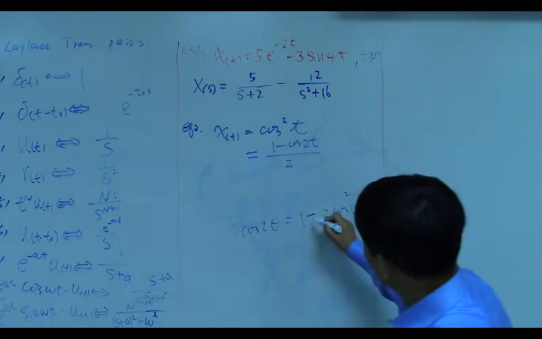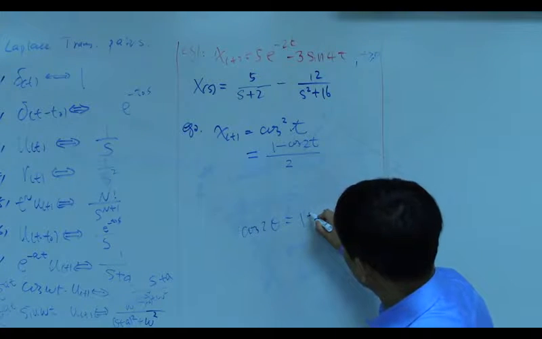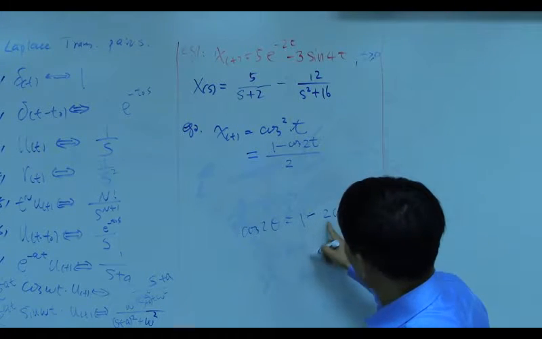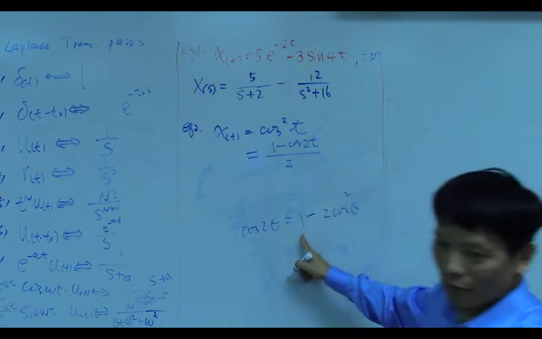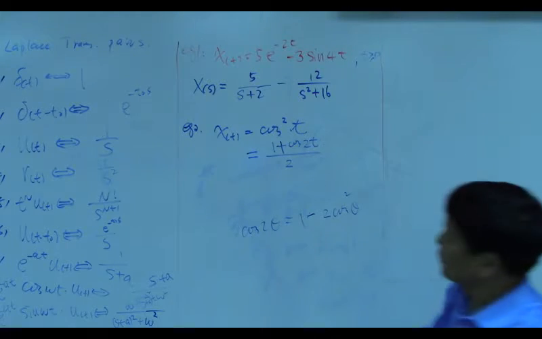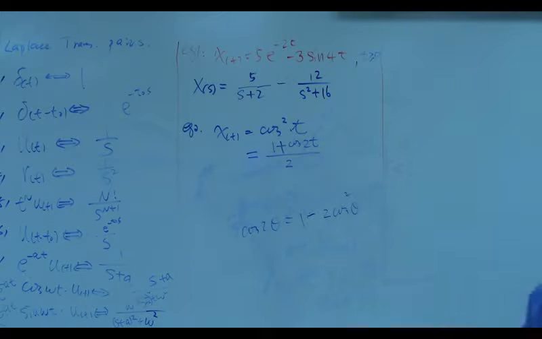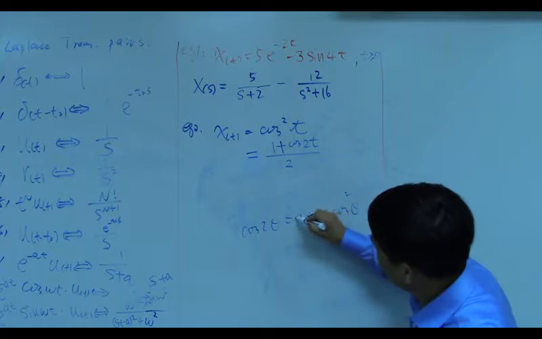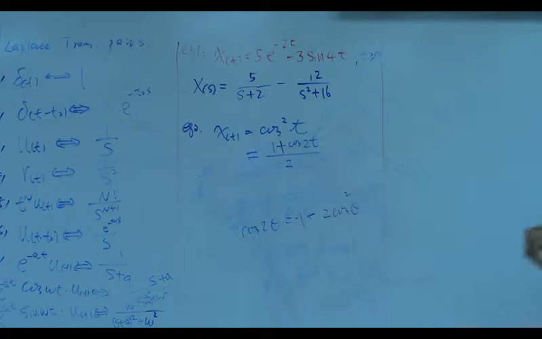I believe this one must be... I should ask you to double check, right? Yeah. Looks like this one must be plus. And then you come around. Right? This one is like this. Right? This thing minus 1.